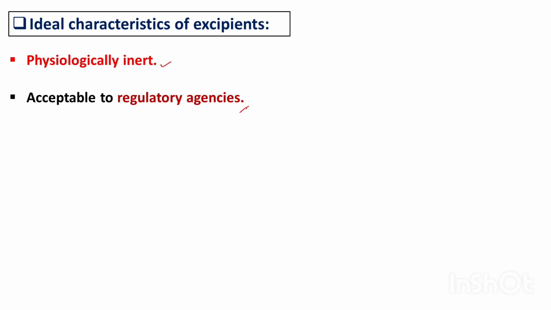What are the regulatory agencies? These are the agencies which observe the safety and efficacy of the different types of dosage forms for the patient, right? In that case, the regulatory agencies should accept the excipient which is used in the tablet dosage form.